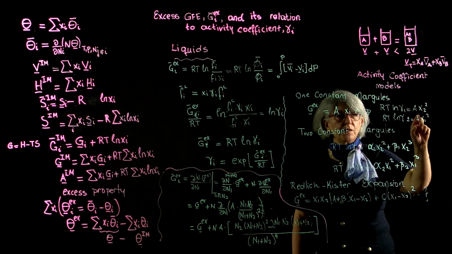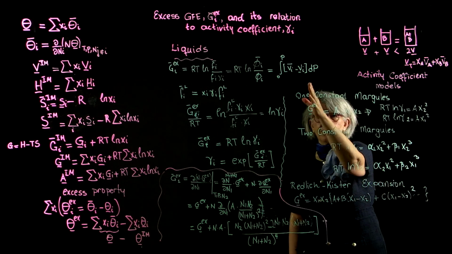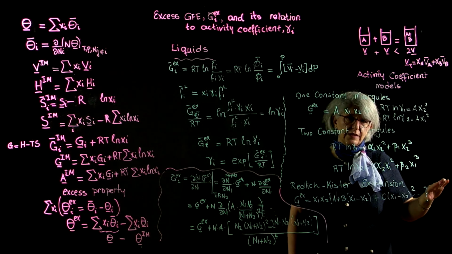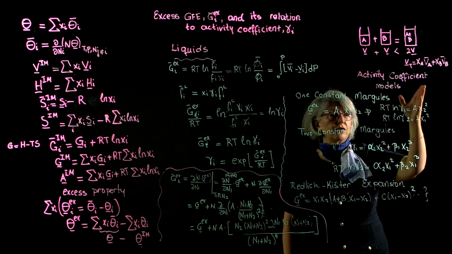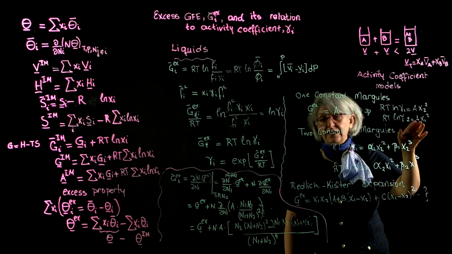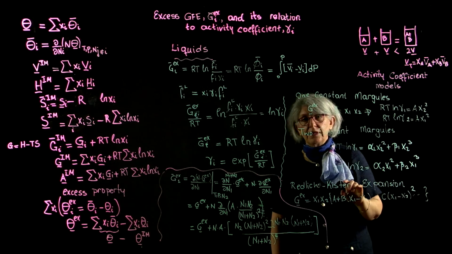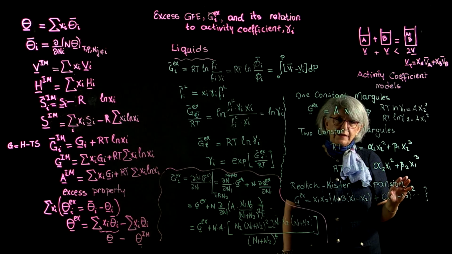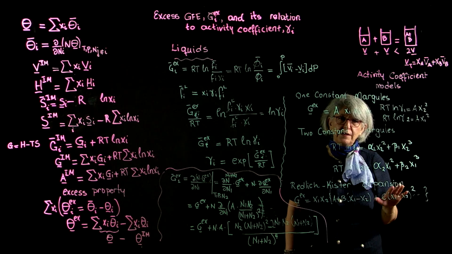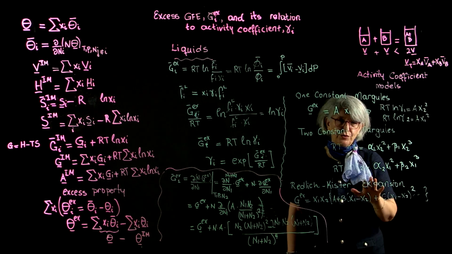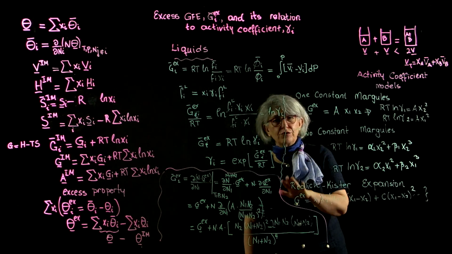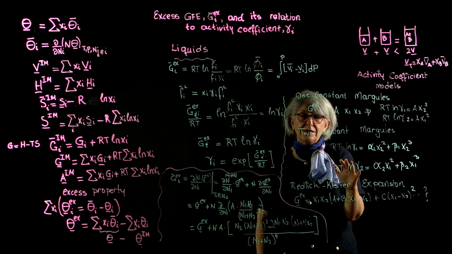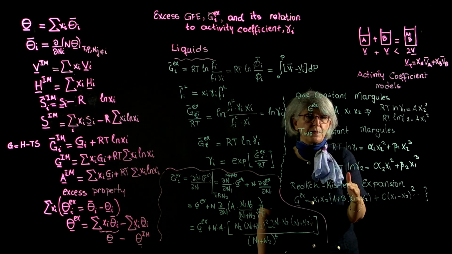All right, we have only one constant, and while the activity coefficient of one component is decreasing, the activity coefficient of the other component is increasing. And symmetry is not always the case that we observe in nature, and in order to take care of the asymmetry, we need additional constants, additional parameters.